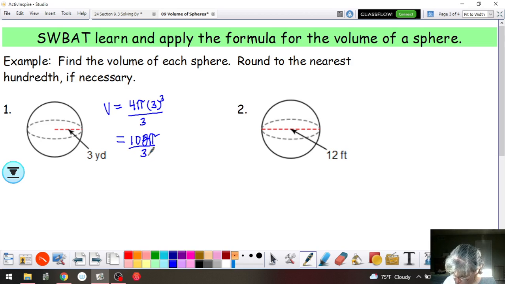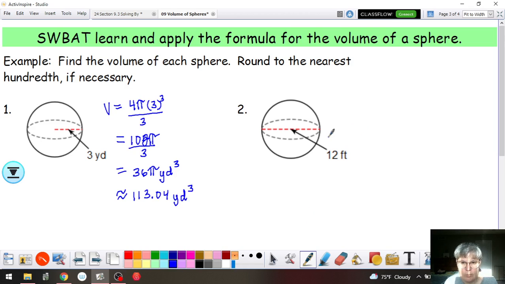Divide the 108 by 3, and we have 36 pi cubic yards. The approximation, 36 times 3.14, is 113.04 cubic yards.